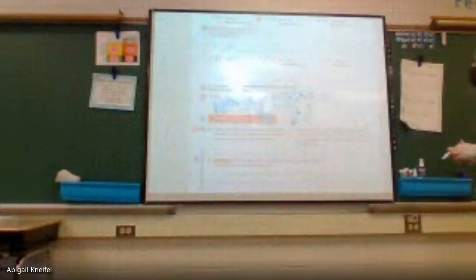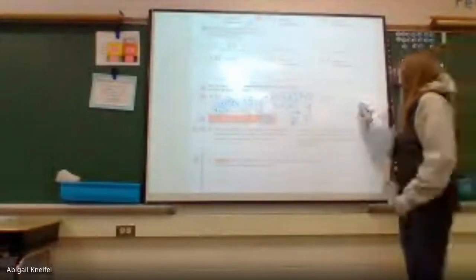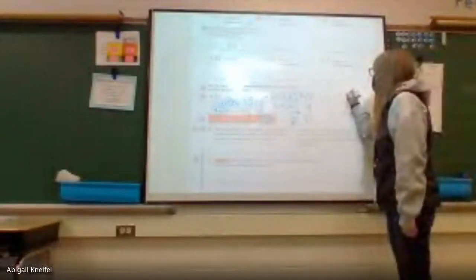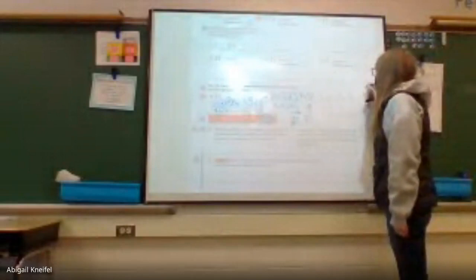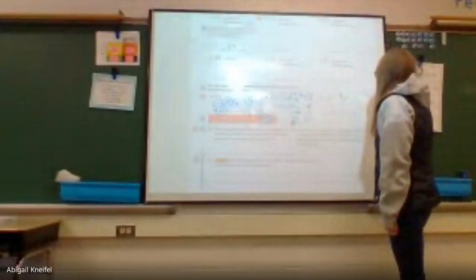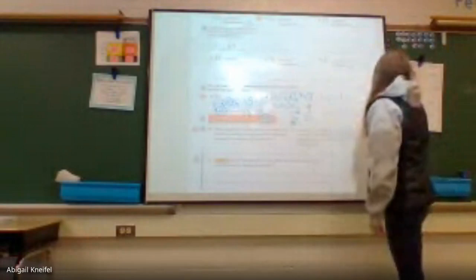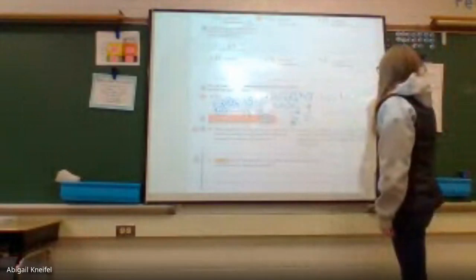Number 9, we have to find the common denominator between 9 and 15. Let's count by 9s: 9, 18, 27, 36, 45, 54, 63. That's out of 15.